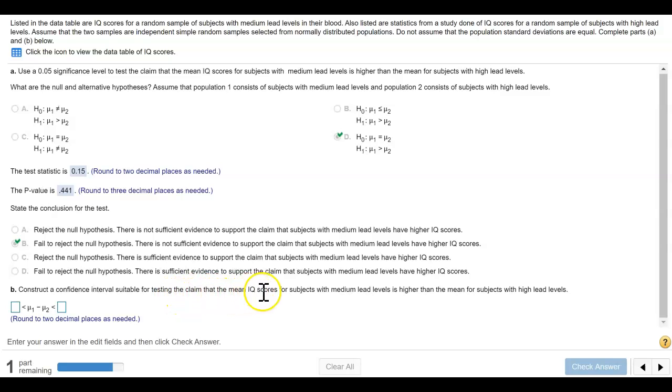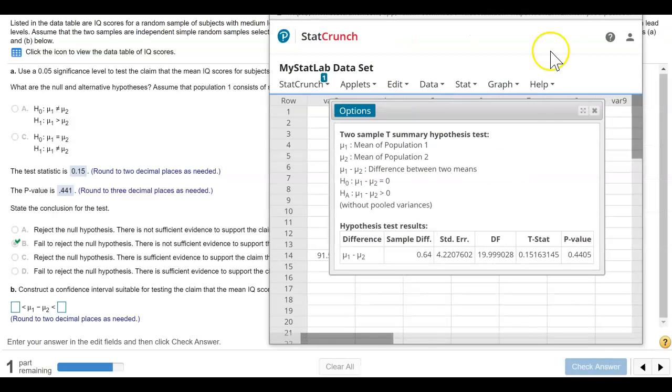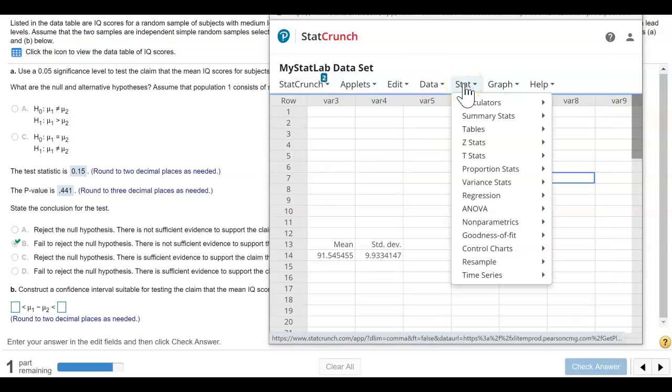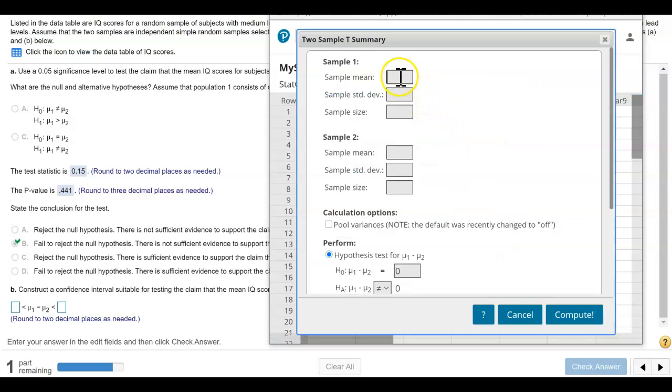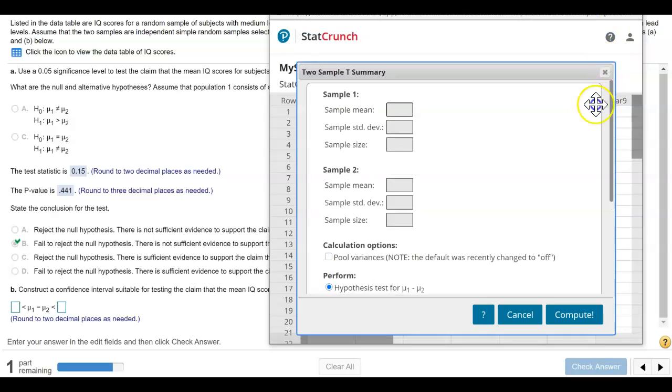In part B, we will need to construct a confidence interval suitable for testing the claim that the mean IQ scores for subjects with medium lead levels is higher than the mean for subjects with high lead levels. Let's go back to StatCrunch. The confidence interval is located also in Stat, T Stats, Two sample, With summary. Enter the same summary.